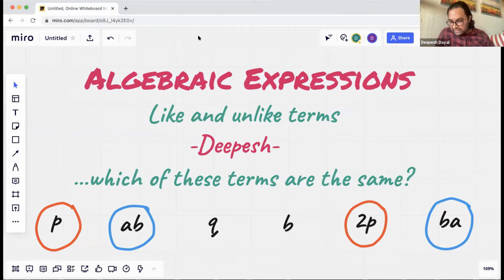We're looking at algebraic expressions, and this was just something while we're waiting for others. Which of these terms are the same? These are the answers I've got from students: P and 2P is the same, and AB and BA is the same. I'm wondering what the others think. Are these correct, or are they completely wrong? What about Q and B? Aren't they the same? What are you thinking? Let's see in the chat, or you're welcome to unmute yourself and let me know.